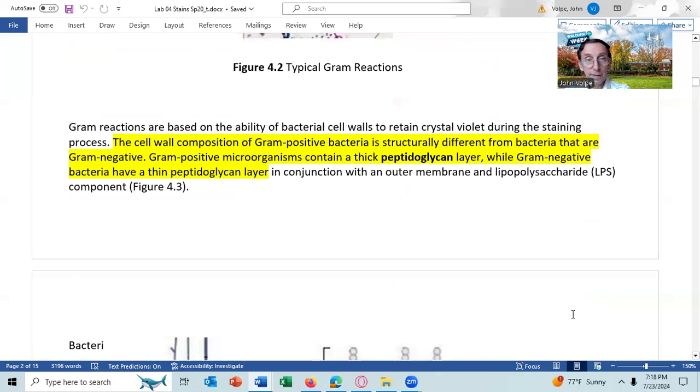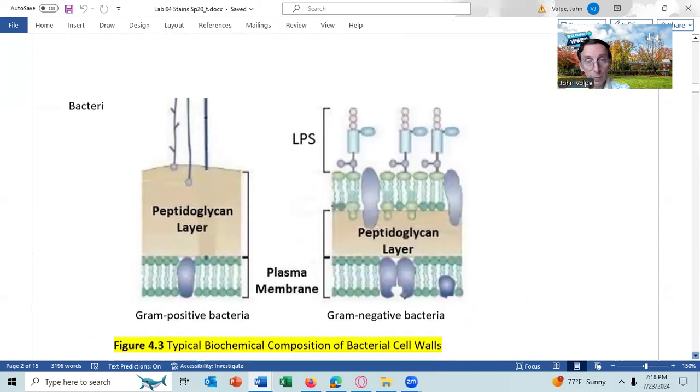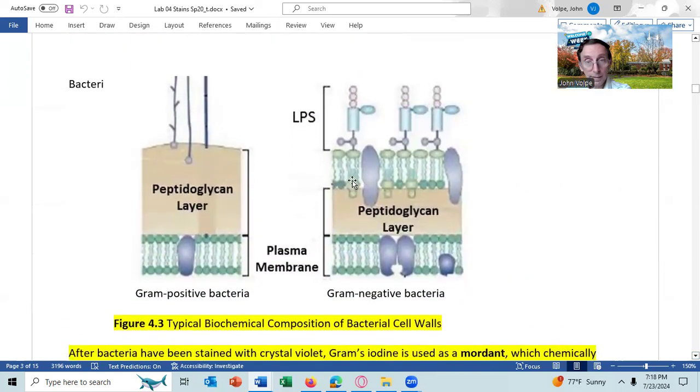The difference in the Gram stain is based upon the cell wall of the bacteria. The gram-positive bacteria have a very thick cell wall with a very thick peptidoglycan layer, and the gram-negative cells have a much thinner peptidoglycan layer. They also have an outer membrane to the cell wall, which is a lipid bilayer.